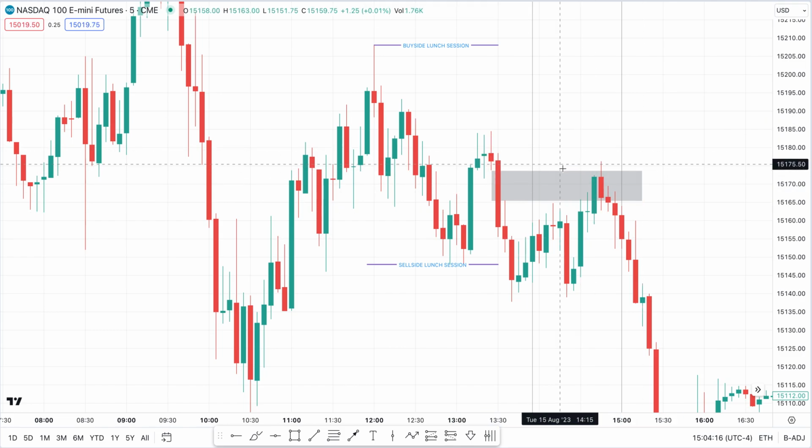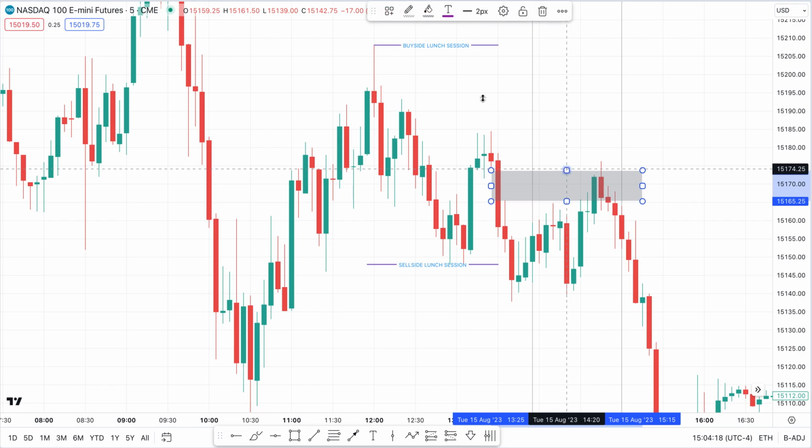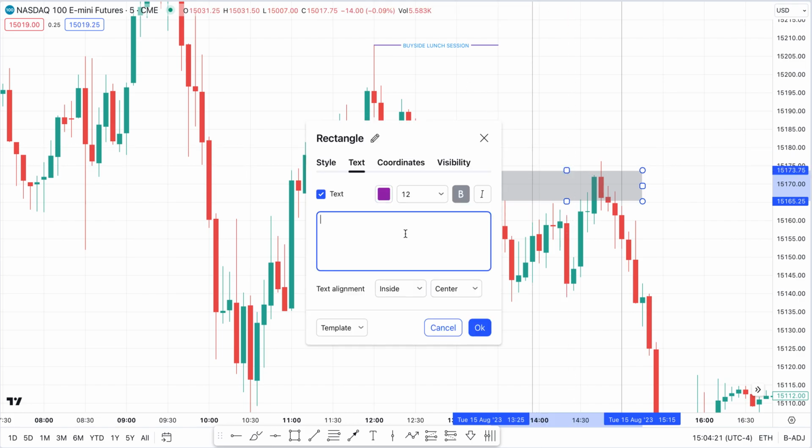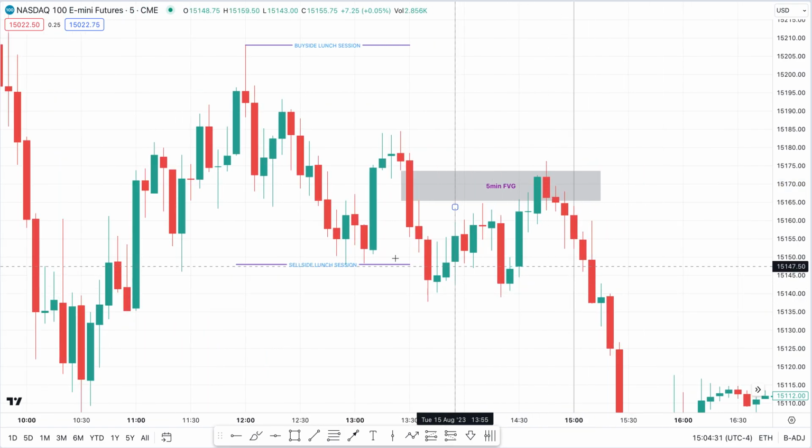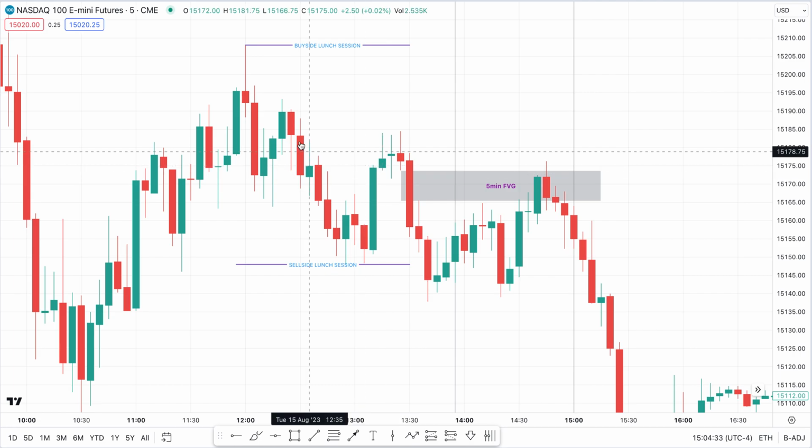It's a regular fair value gap, 5 minutes. No inversion fair value gaps. Another regular fair value gap in here gets respected.